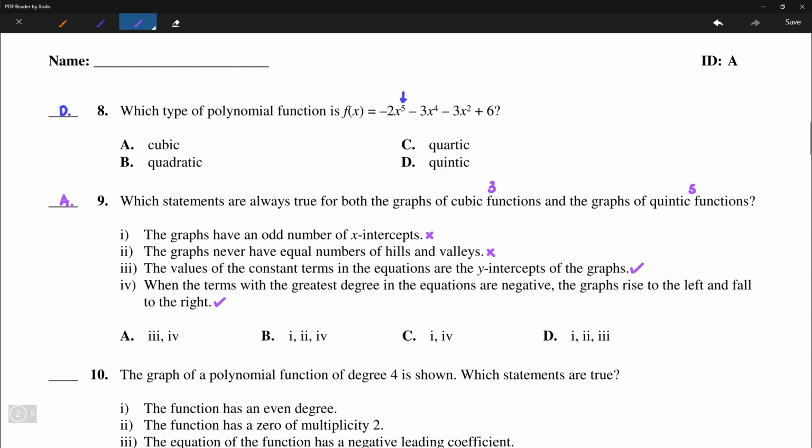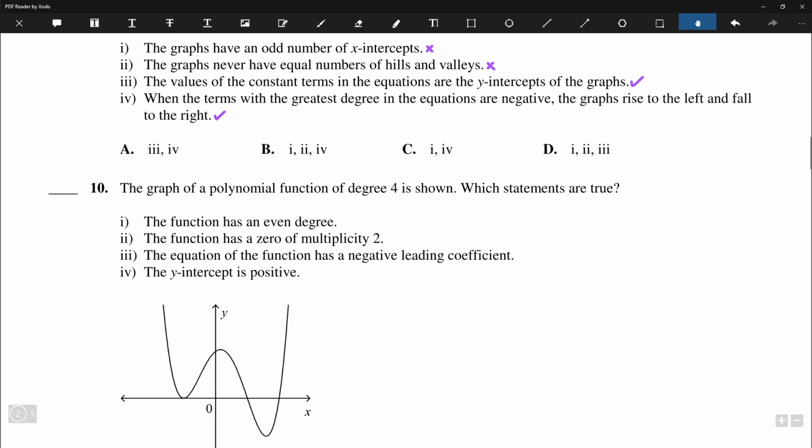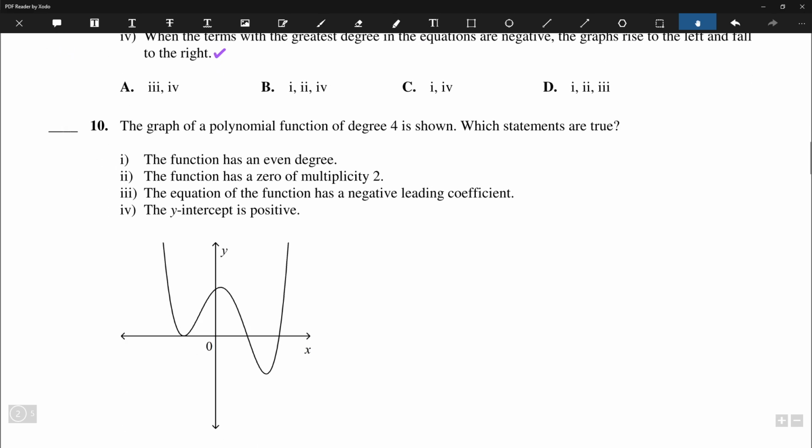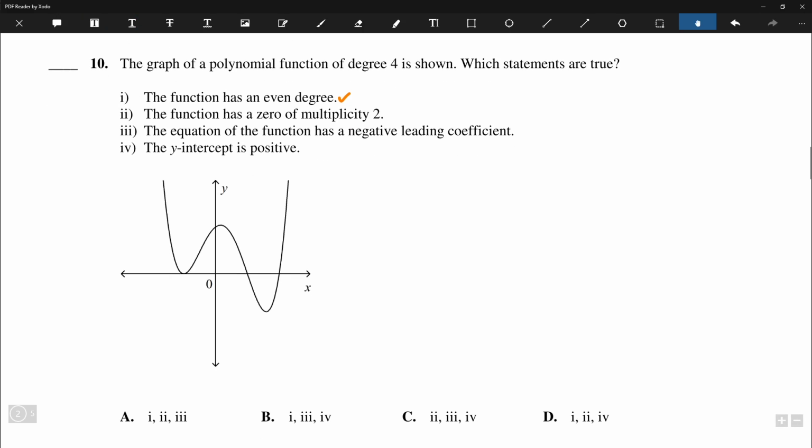Okay, let's move on to number 10. The graph of a polynomial function of degree 4 is shown. Which statements are true? Well, degree 4 is even, so that's true. And then, actually just scroll down, there we go. It has a zero of multiplicity 2 right here. So that's true.